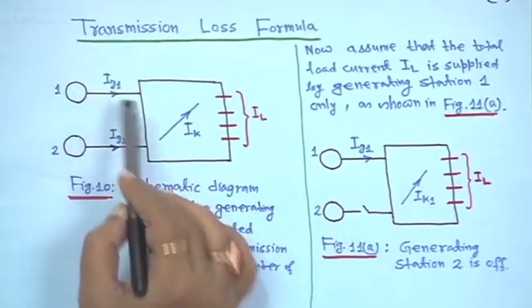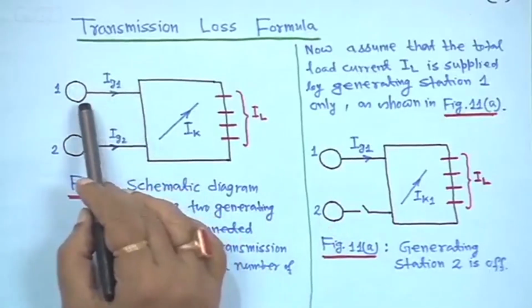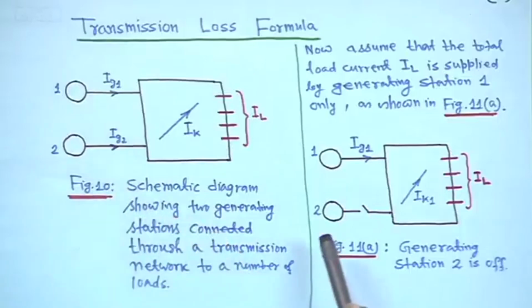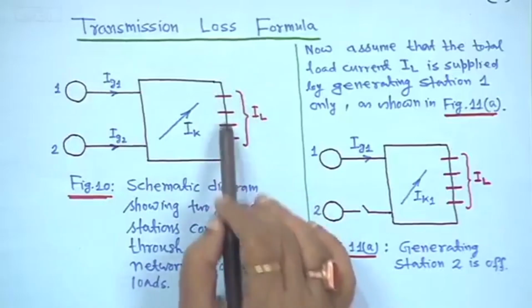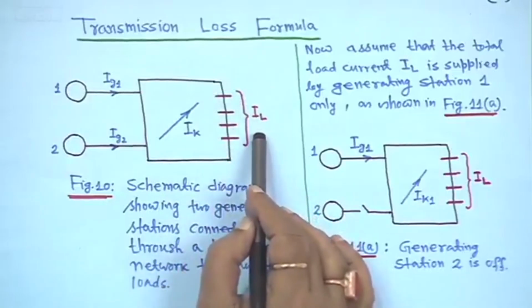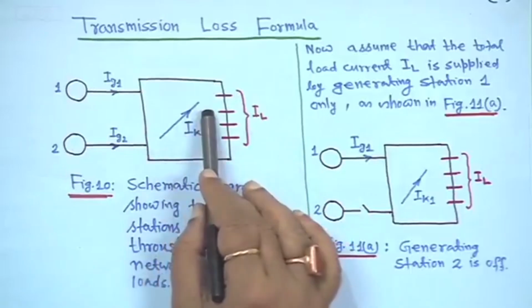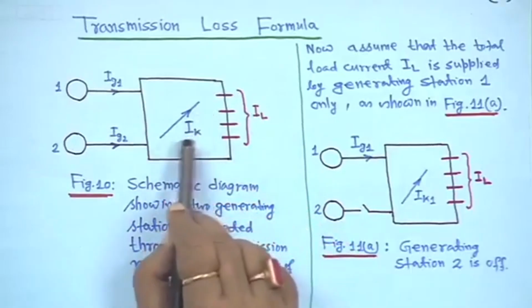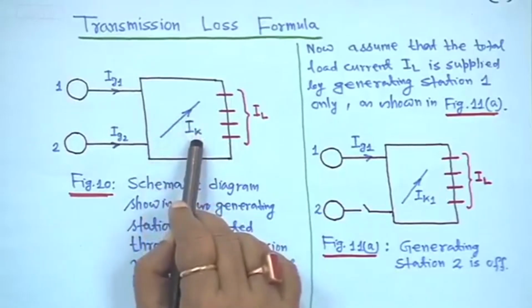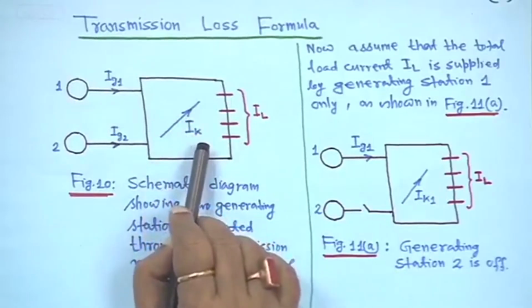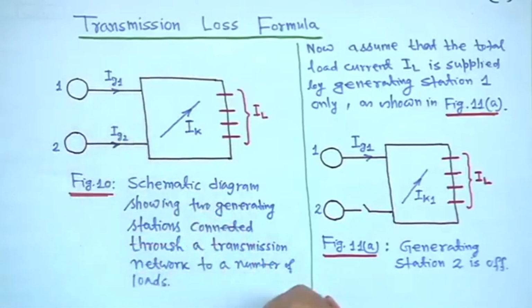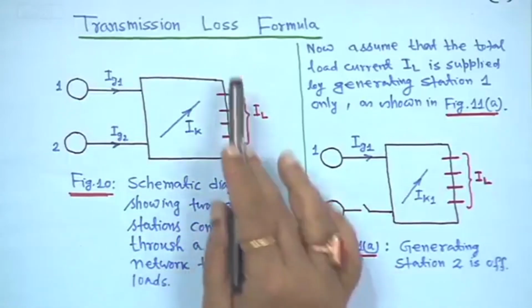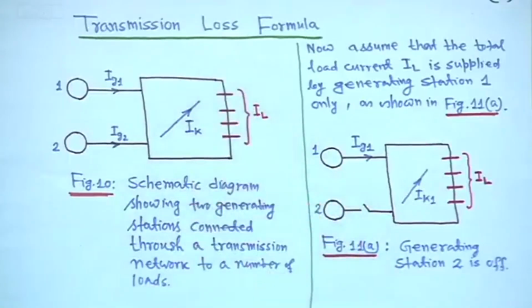This is generator 1 and this is generator 2, and they are connected to transmission lines. There are many bus bars. Schematically we are representing the total load current I_L, and one particular branch, say the kth branch, with current I_k. First we are assuming only two generators, after that we will generalize. To get this transmission loss formula we have to make a few assumptions that will come later.